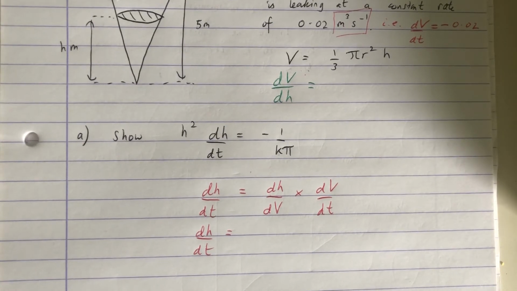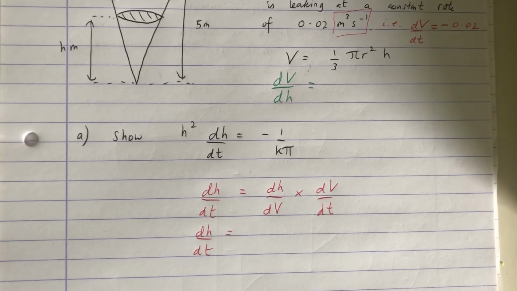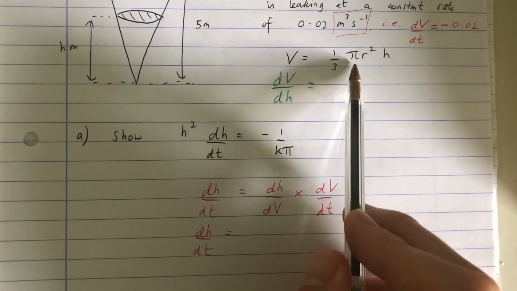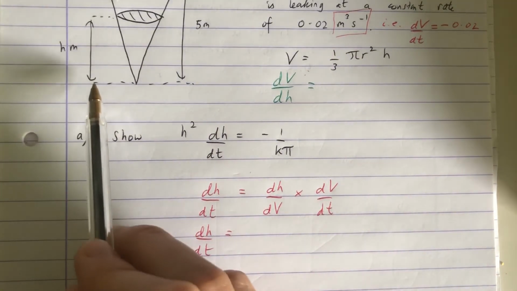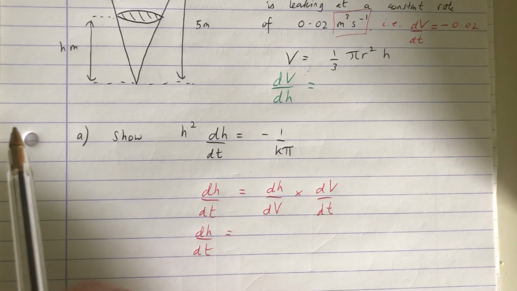So if you differentiated this with respect to h, okay, now I've just realised that I've got to do one extra thing before I actually attempt to differentiate, because 1/3 is a constant, just a number, pi is a number, but r squared is something which does change as h varies. And you need to find out what that change is.